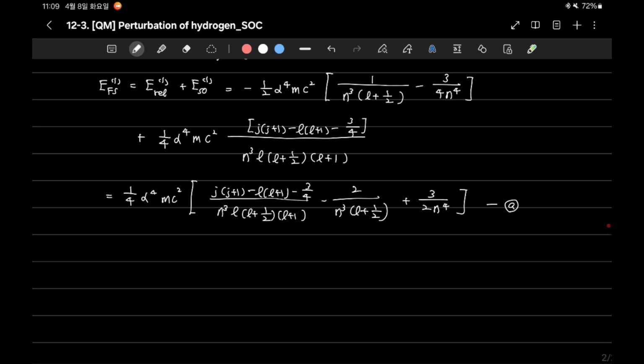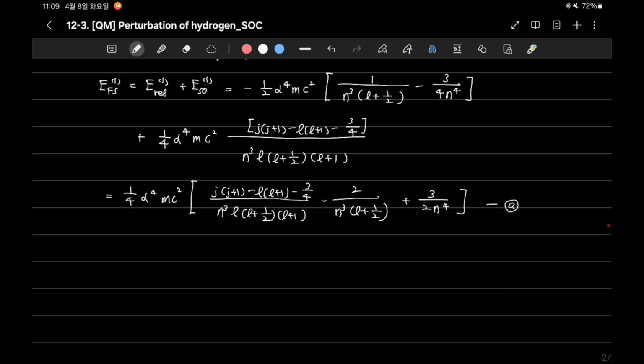Here in this case, and for s orbital case, basically s orbital is that L equal to 0, but basically, the s orbital is a spherical symmetric orbital, and also how to exclude the L equal to 0 case.